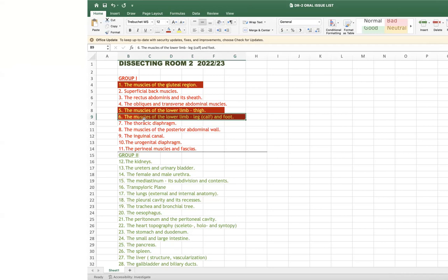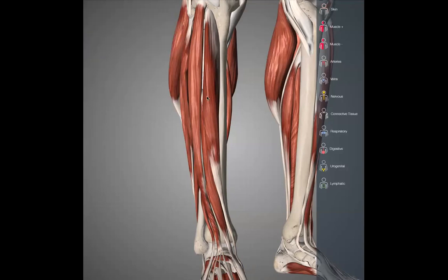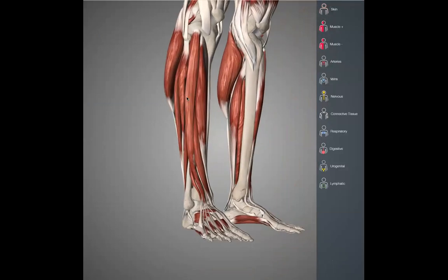Sorry, I cannot see this. Okay, just give me a second. Here. Do you see it now? Yes. Okay, I will just do it again. Here. What I'm going to do is the anterior compartment of the leg present here. And you have lateral and posterior.